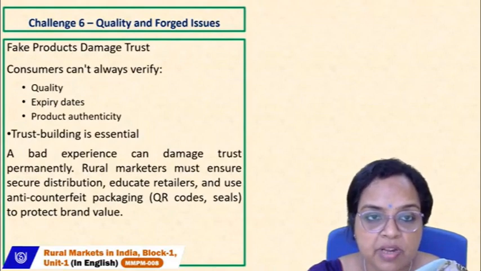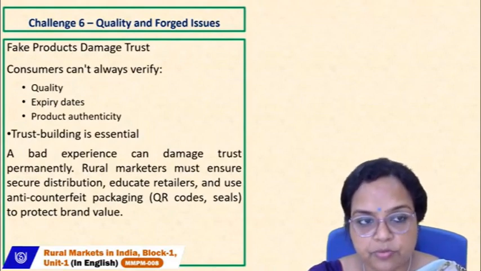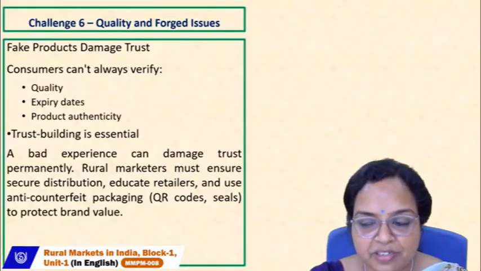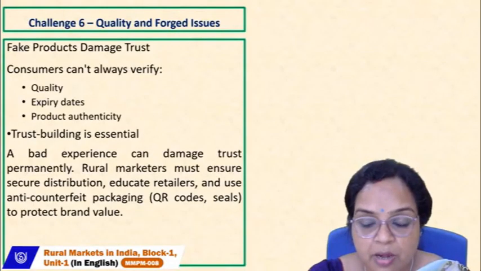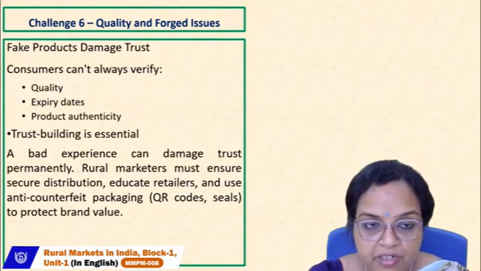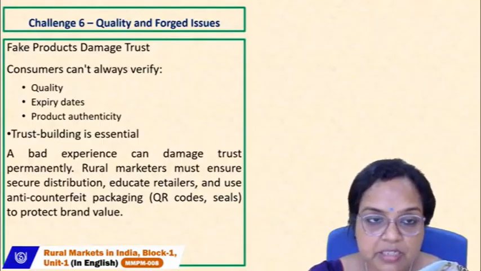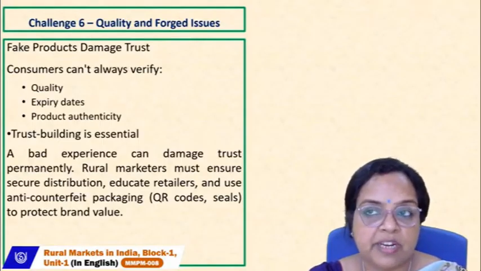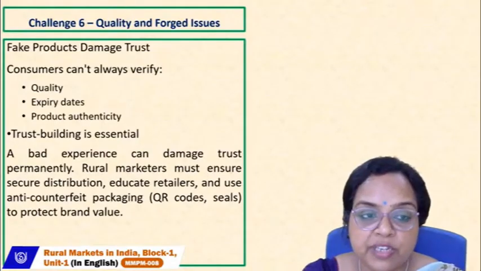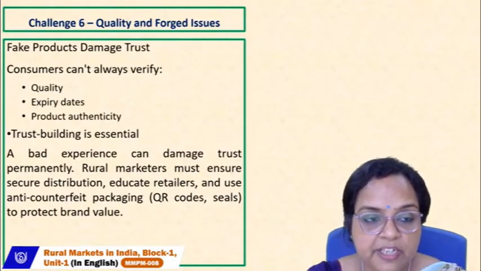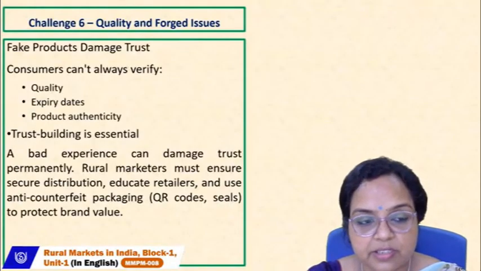Challenge number 6 is quality and fraud issues. Fake products damage trust. If you are a marketer selling fake products, it is serious damage to the trust-building process of consumers. Consumers cannot always verify the quality of the product, the expiry dates, or the product authenticity.